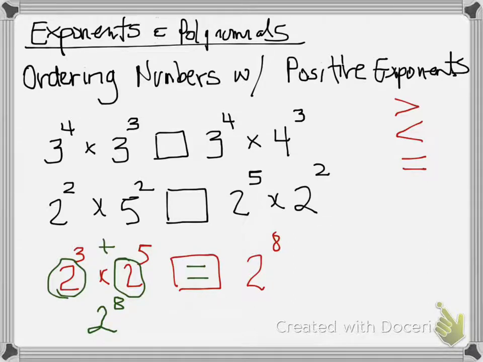Now, then they step it up a notch. Then you're going to notice they'll change the problem just a little bit. And I saw someone's question, their next question looked like this. It said 3 to the 2nd times 5 to the 2nd.